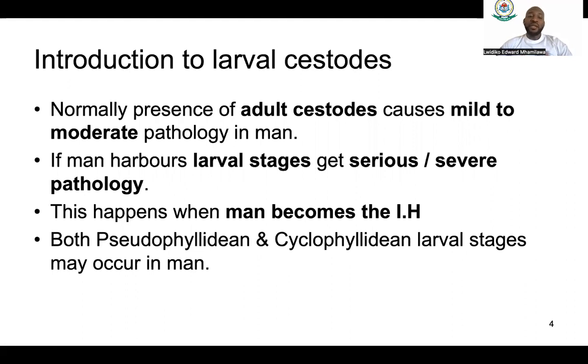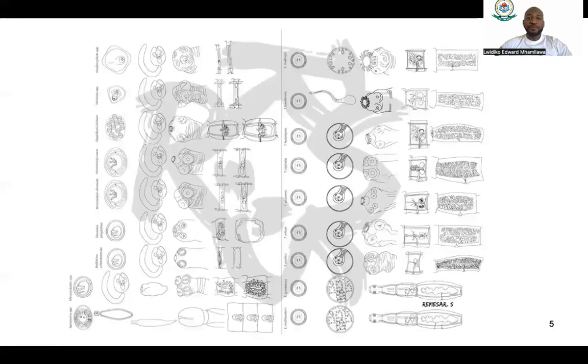So this can happen with both pseudophyllidean and cyclophyllidean larva stages, and these are the ones that occur in man. So the important part is that the larva stages of these particular parasites are the ones that are going to be most serious.